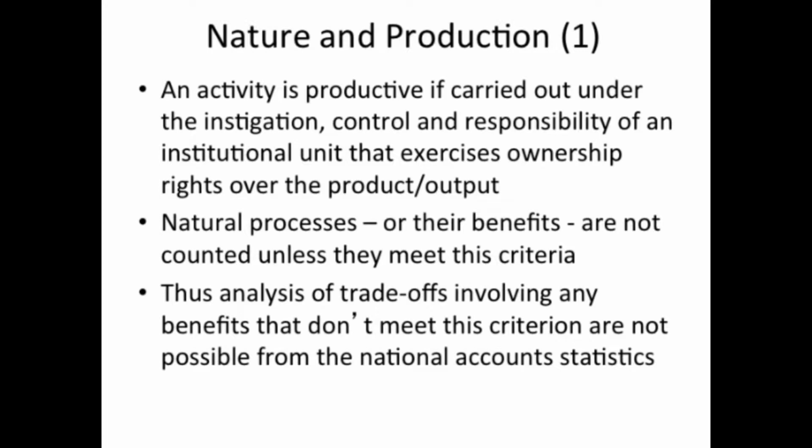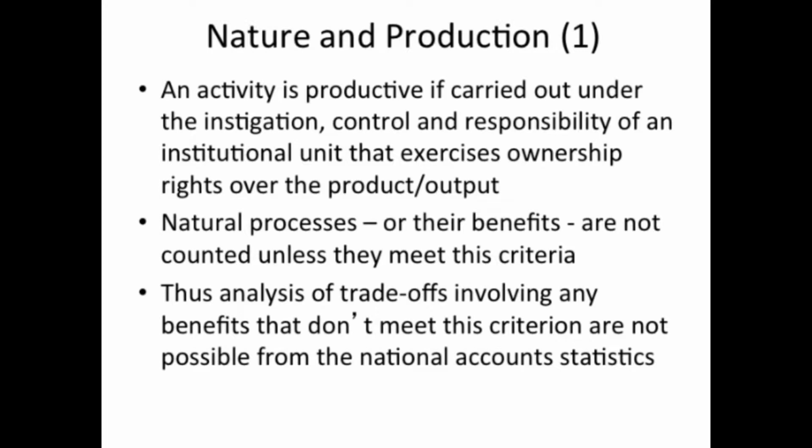So for example, the growth of fish population out in a lake or in the ocean may have some sort of implicit economic value as a source of protein, or eventually ending up as a part of an economic good, but this will not be included within the scope of the production boundary, because it doesn't meet this criteria of the control and responsibility and instigation of an institutional unit, which, by the way, according to the SNA, are households, government units, and businesses or enterprises.